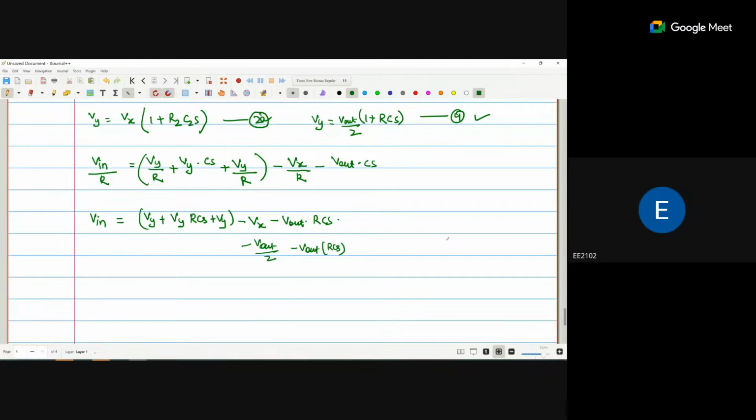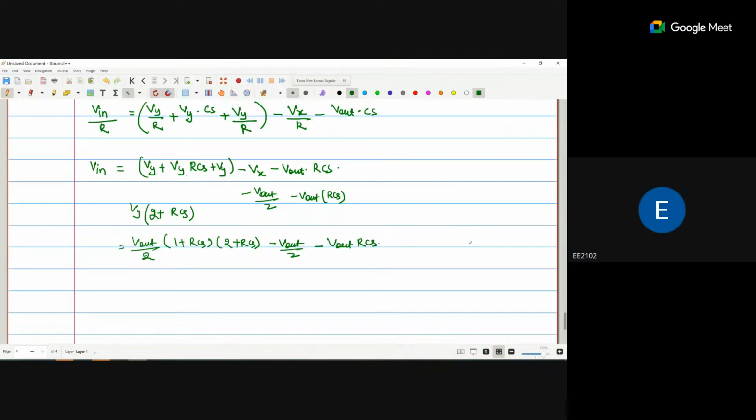And I take Vy as common, so (2 plus RCS). Now put Vy as V out by 2 (1 plus RCS), times (2 plus RCS), minus V out by 2, minus V out multiplied by RCS.